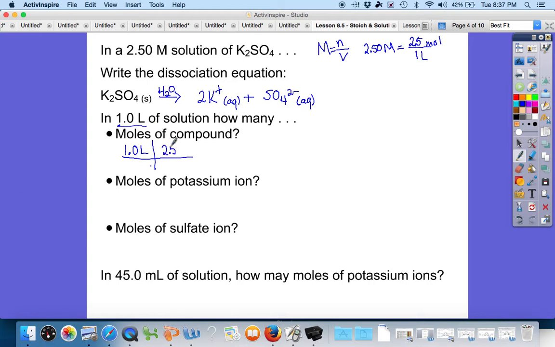So 2.5 moles of potassium sulfate per 1 liter of solution. So we can cancel out liter, and our moles is exactly the same. So if we had a different volume that we were given, we wouldn't end up with the same number of moles, and that's what we're going to look at down here at the bottom.